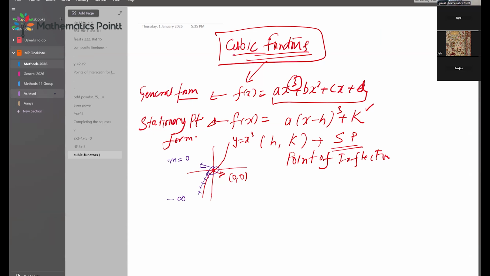Gradient at a point on the curve is derivative. And then it does not change its sign and it keeps going positive. So if you see this kind of behavior in your stationary point, that stationary point is called the point of inflection.